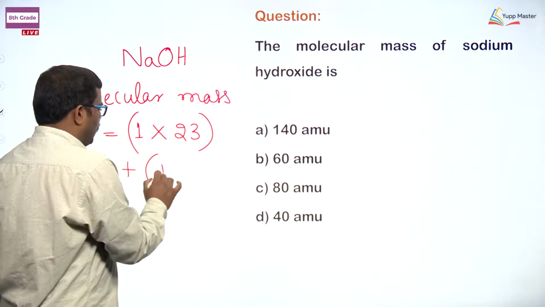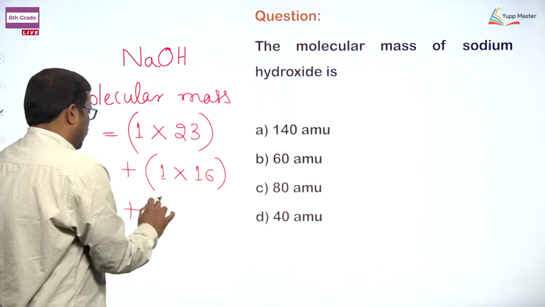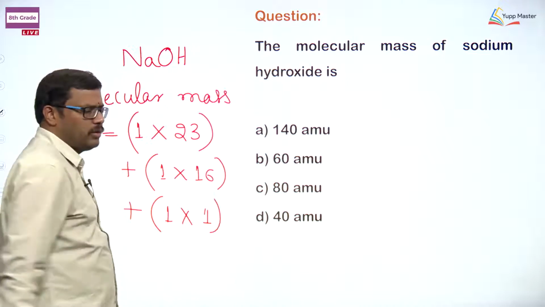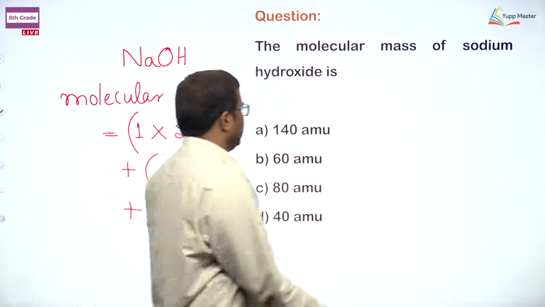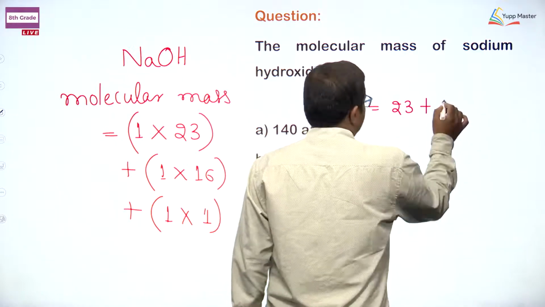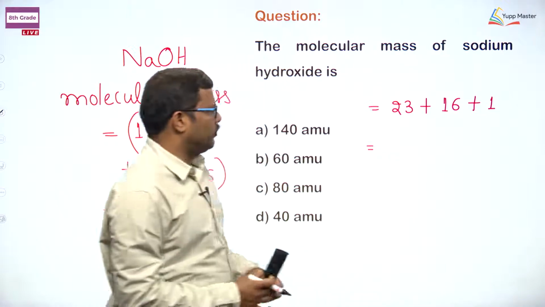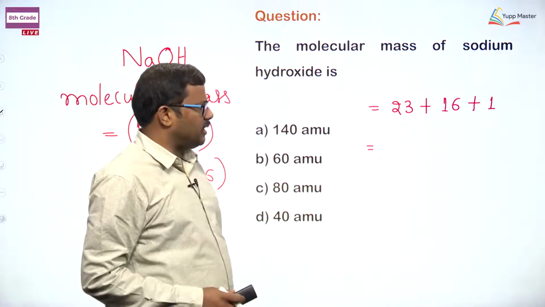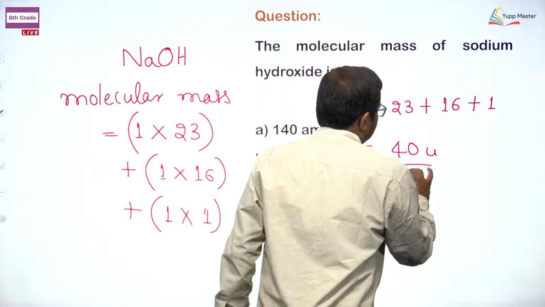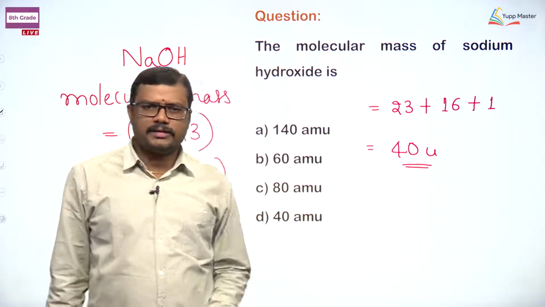Only one oxygen atom, 1 into 16, plus how many hydrogen atoms? 1 hydrogen atom into the mass of 1 hydrogen atom, 1. So, the mass is 23 plus 16 plus 1. 23 plus 16 is 39, 39 plus 1 is 40. So, 40 unified mass is the mass of sodium hydroxide.